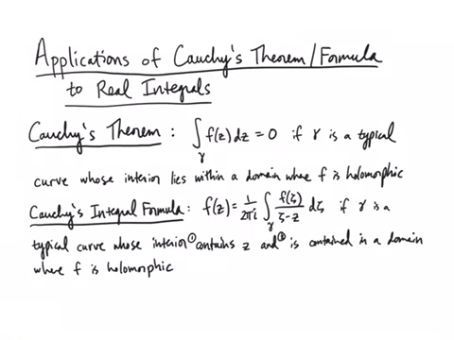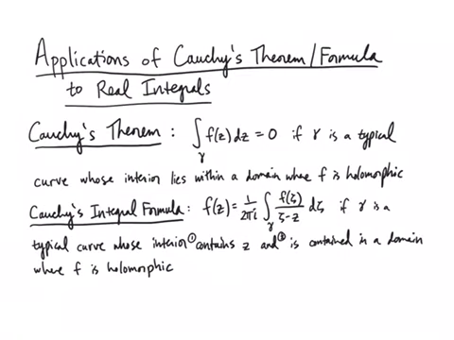Now, Cauchy's integral formula tells us that the values of a holomorphic function in a domain where f is holomorphic are determined by any curve that surrounds that point. If you draw any closed curve gamma, and the function's holomorphic inside of there, the values of the function on gamma determine the values of the function at any point inside that curve by this formula.